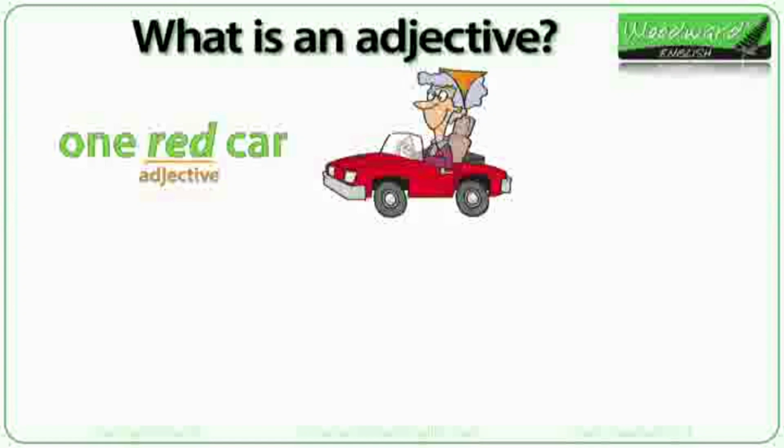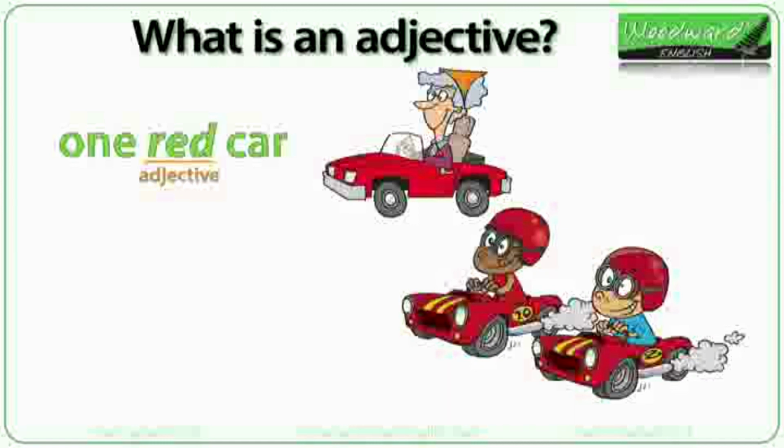Adjectives in English have one form. For example, the adjective red. One red car. Red is an adjective. It gives us more information about the car. We describe the car. The car is red.